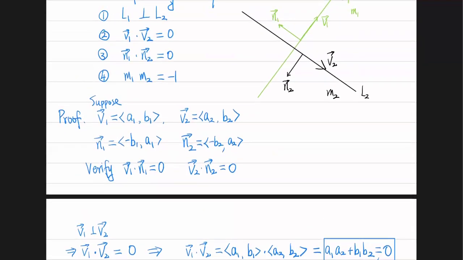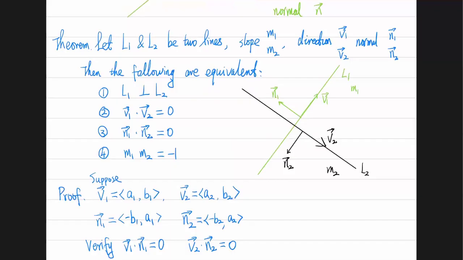So the summary: for any two lines, if they are perpendicular, the dot product of the direction vectors is 0, and the dot product of the normal vectors is 0.